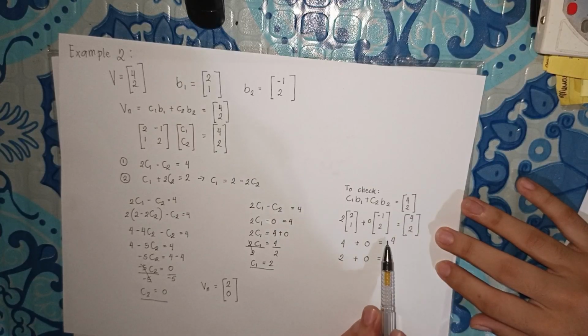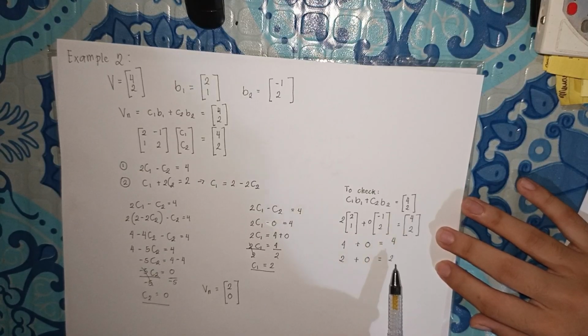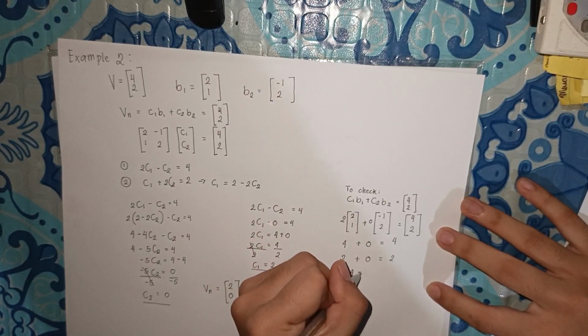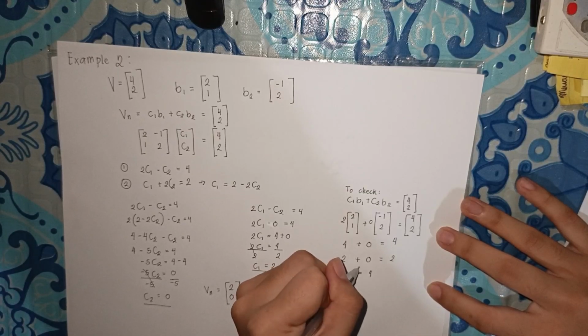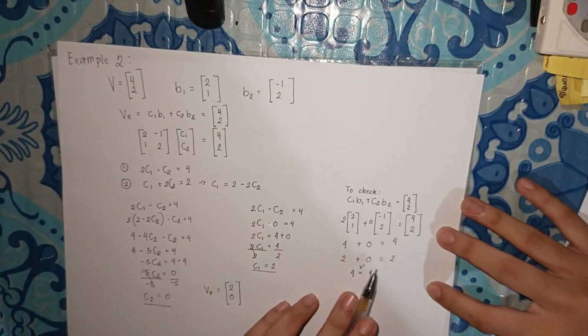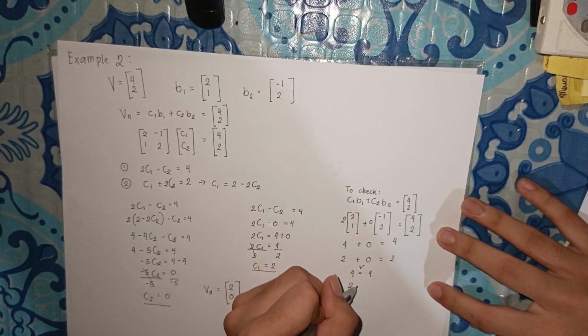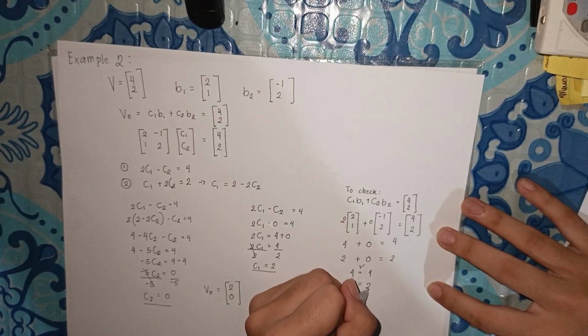We write the top element of the vector on top and the bottom element on the bottom. So 4 plus 0, 4, is equal to 4. So check. Then 2 plus 0 is 2, that is equal to 2.